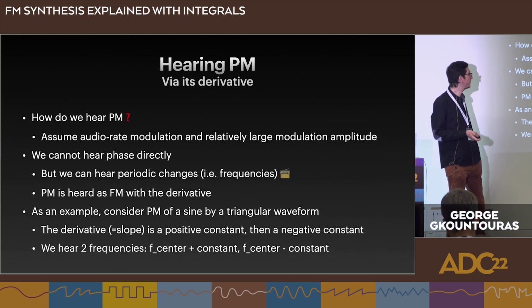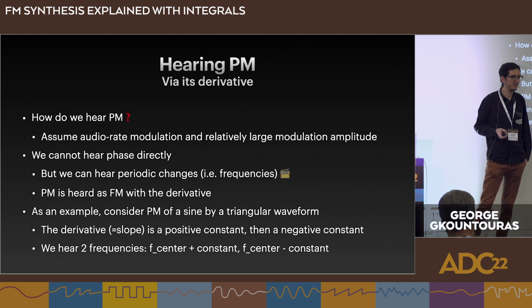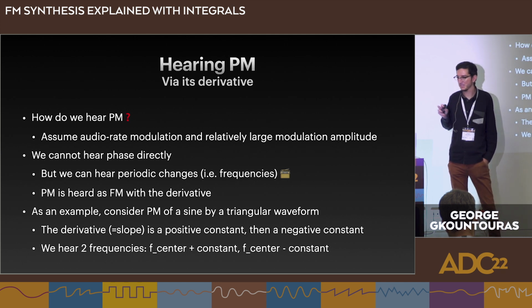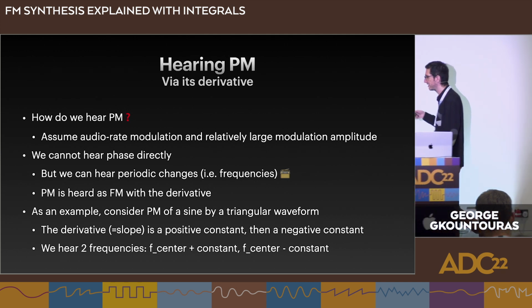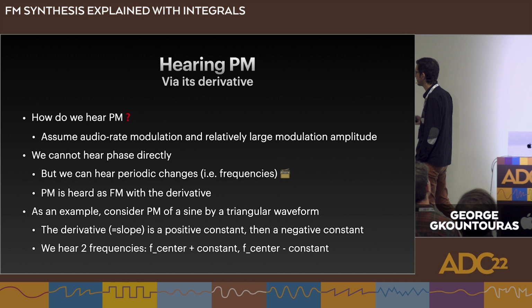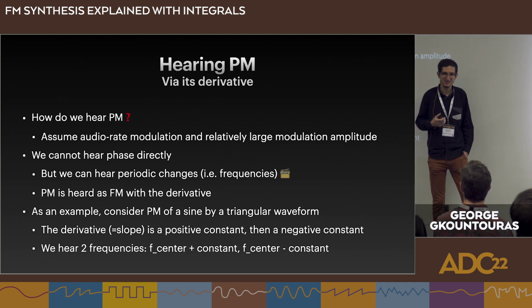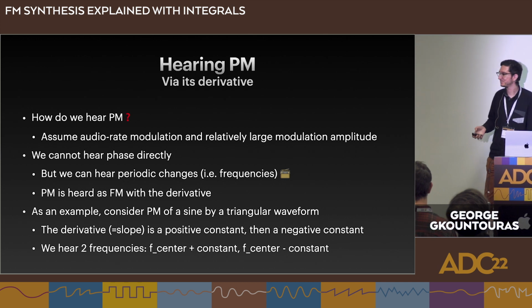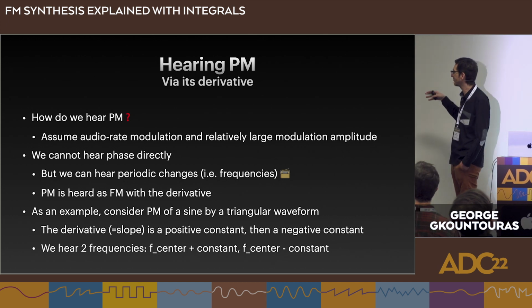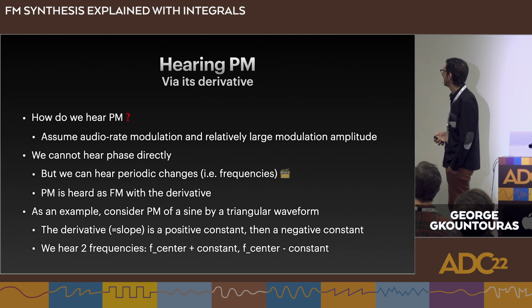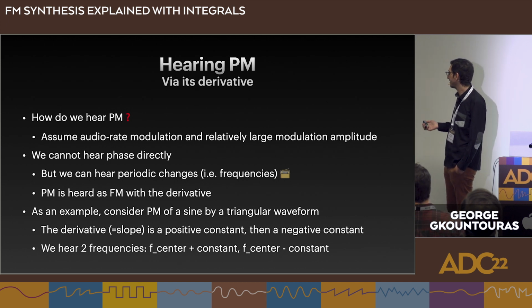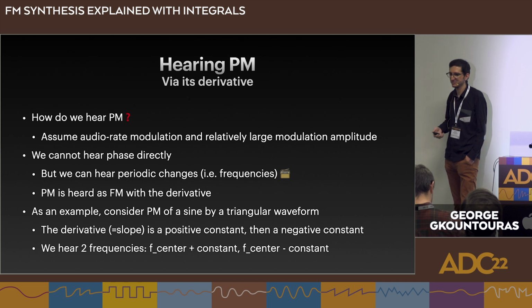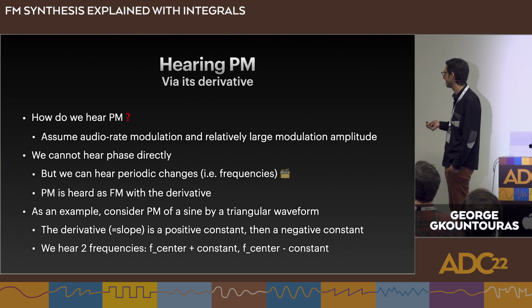So how are we going to hear PM? Again, I'm assuming at this stage that we have slightly higher ratio and slightly higher amplitude in our modulators, so we're in the case where this applies. We cannot hear the phase directly, but we can hear frequencies.